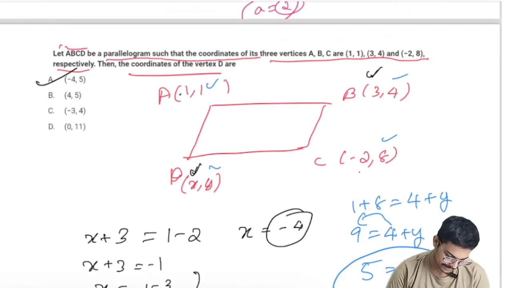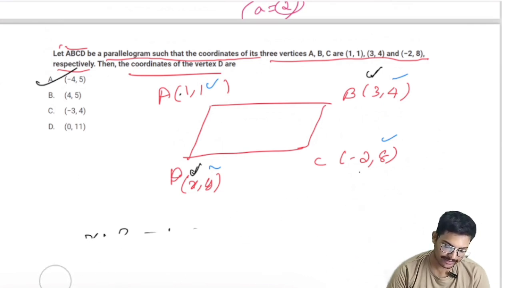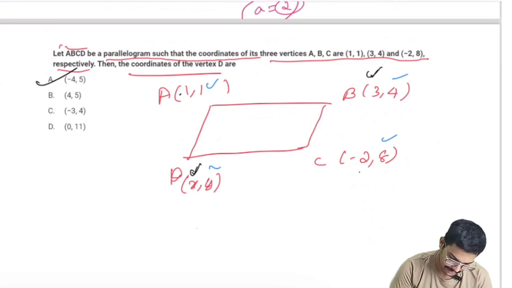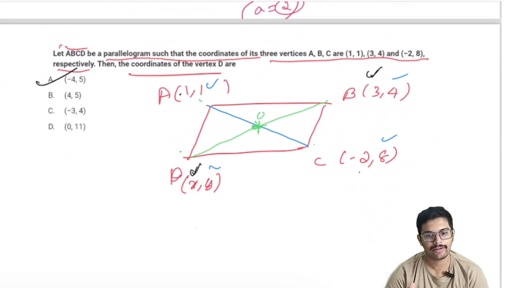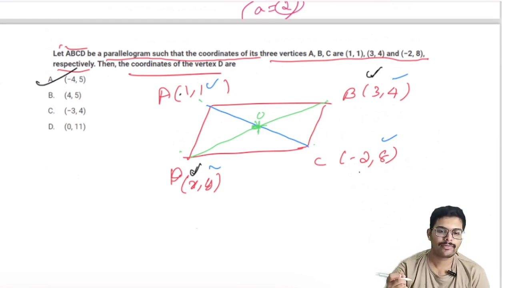The idea is, see, in a parallelogram, diagonals bisect each other. So this diagonal and this diagonal bisect each other, which means this is the midpoint of these 2 points, and this is the same midpoint of these two, B and D. If I name this point as O, O is the midpoint of A and C, and O is the same midpoint of B and D. But you can use the midpoint theorem.